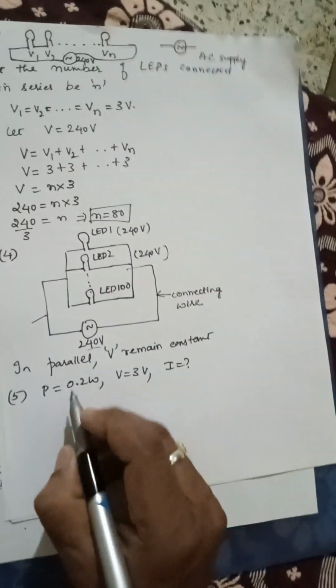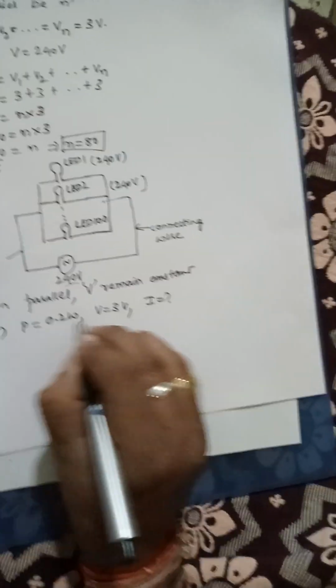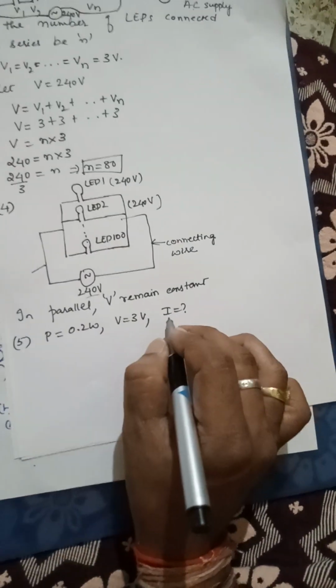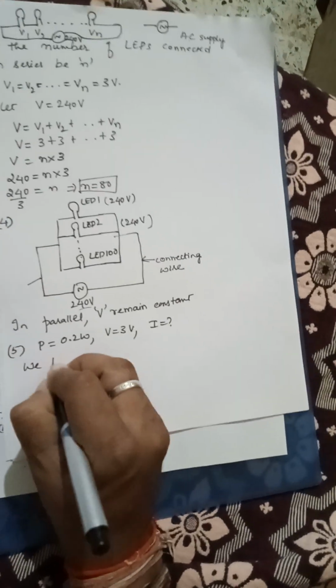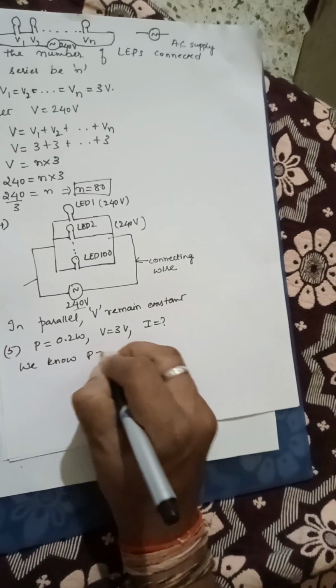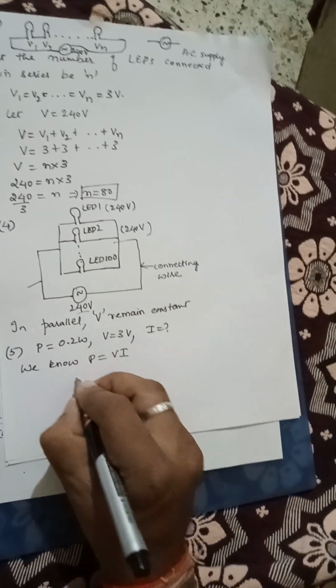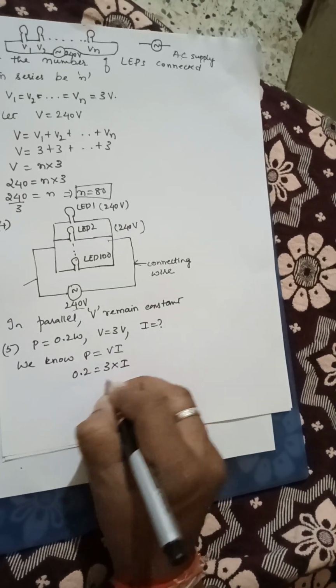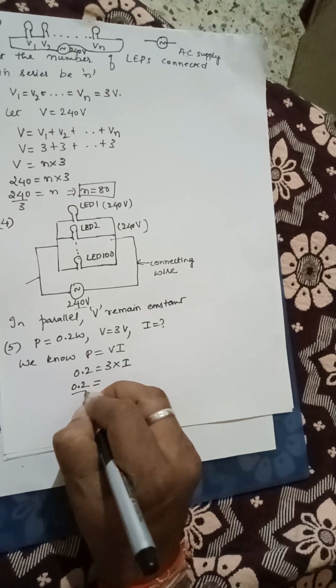To find the current, we should think of a formula wherein P, V and I are related. We know P is equal to VI. So P value is 0.2, V value is 3 and I value is what we need to find out. So this will be 0.2 by 3.